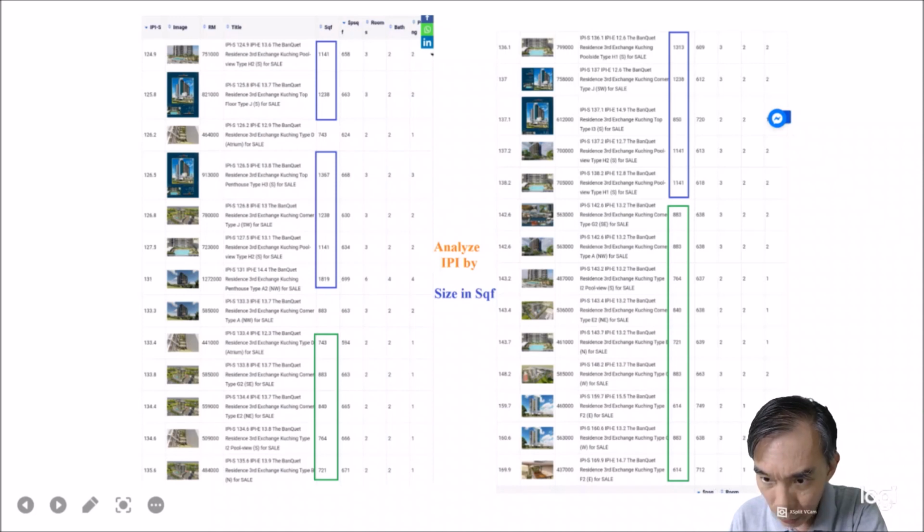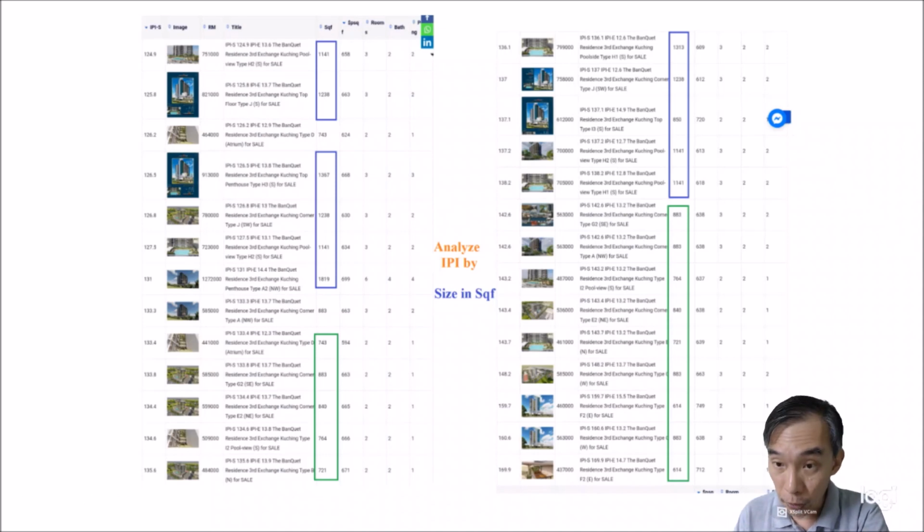The 2 rooms, 1 bathroom and 1 car park would have a higher IPI, because in the smaller units, having more rooms seems to give better value in housing a more complete family, compared to a studio unit, which is probably only for 1 or 2 persons staying.